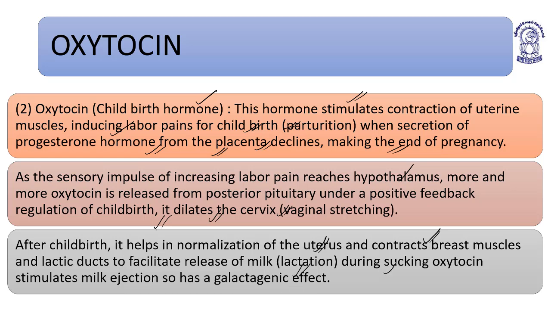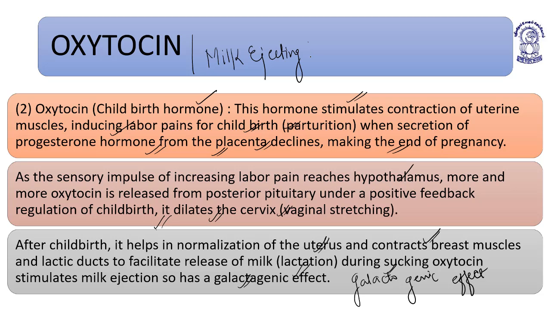During sucking, oxytocin stimulates milk ejection, so it has a galactogenic effect. So vasopressin helps in antidiuresis and oxytocin is the milk ejecting hormone.